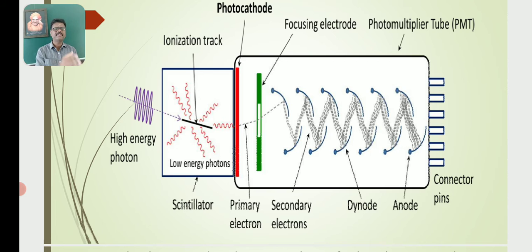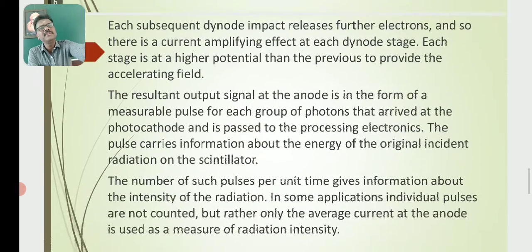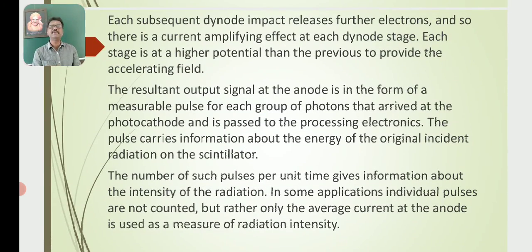Then by the electronic process, we get the number of ionizing particles entering into the scintillator. So this is a way of counting ionizing particles which are entering into the scintillator of the scintillation counter.